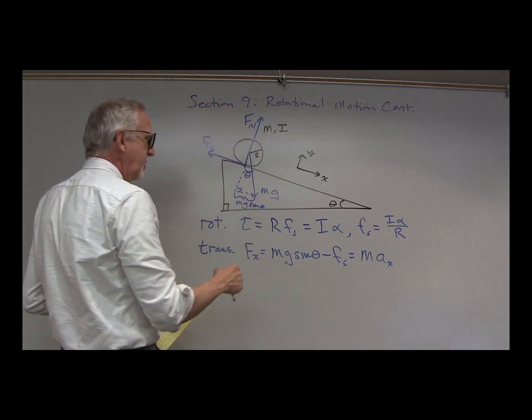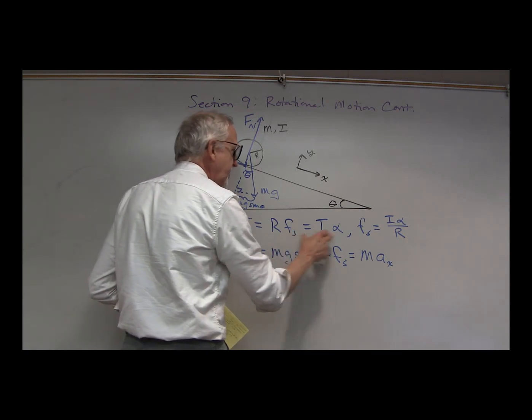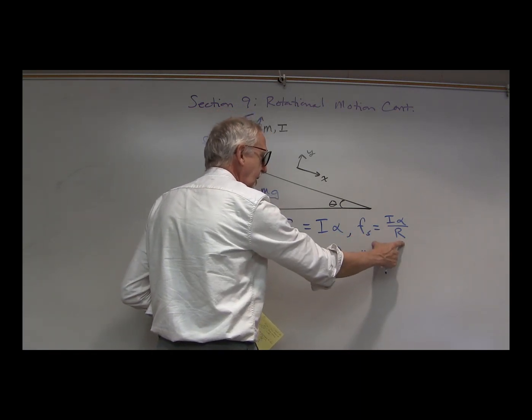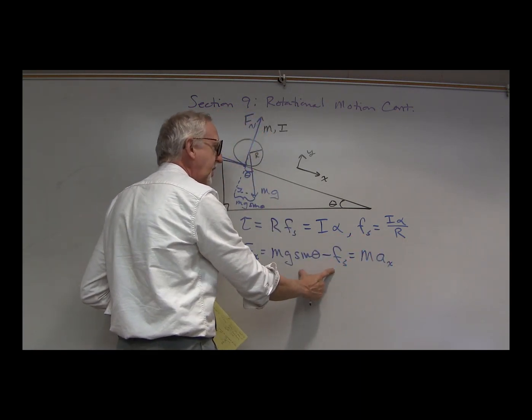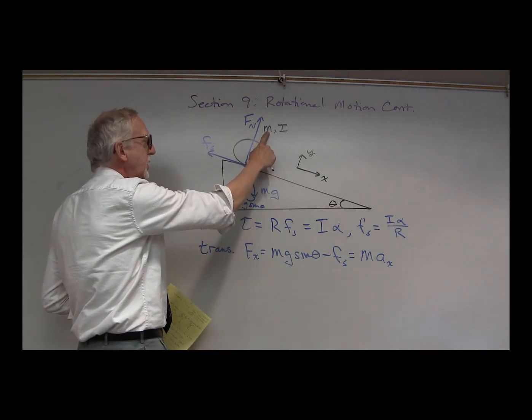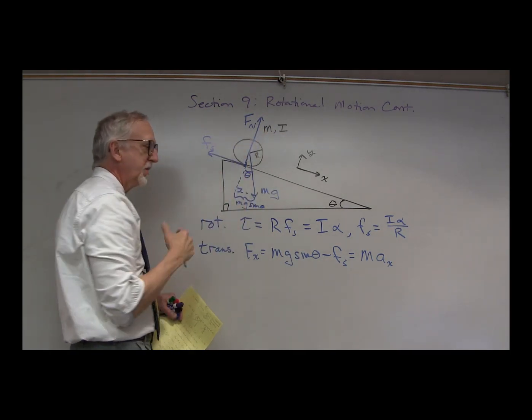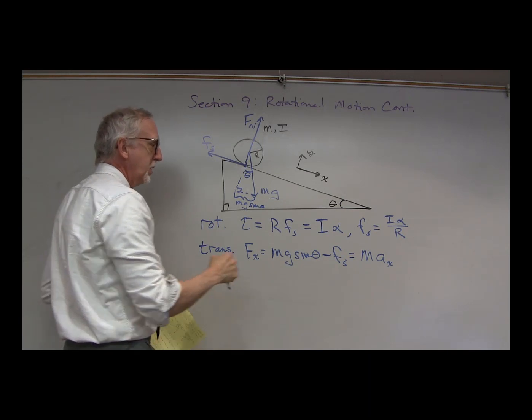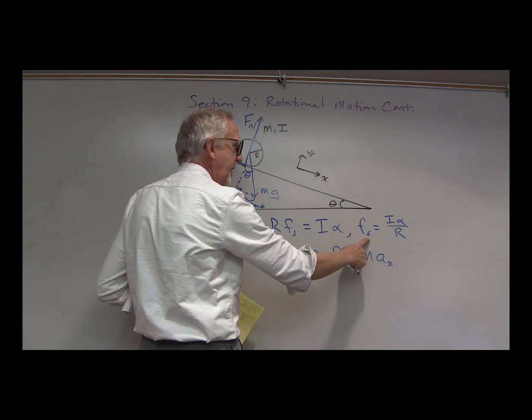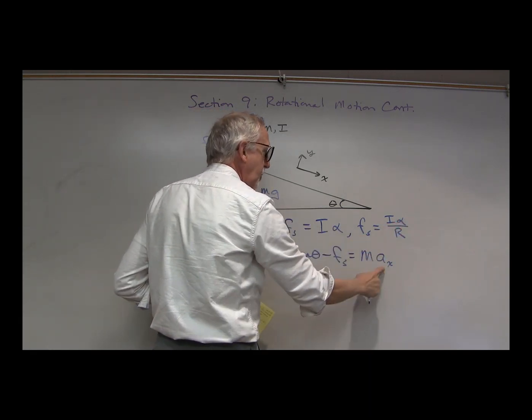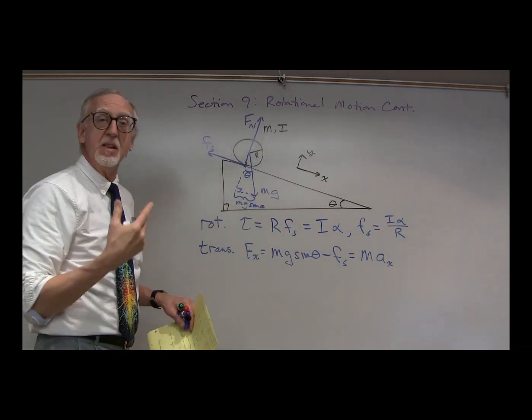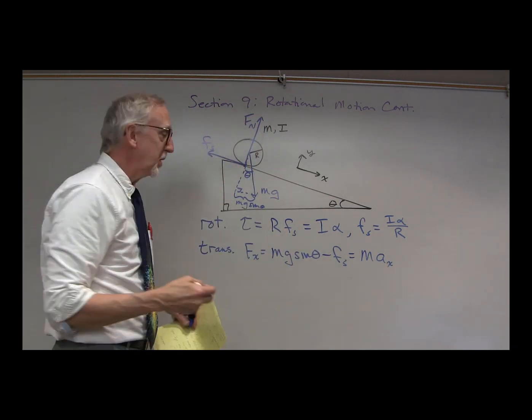Okay, well, what do we have? We've got basically two equations. We've got this equation, we've got this equation, but we've got three unknowns. Let's imagine that we know m and I. What don't we know? Well, we don't know f sub s, we don't know alpha, we don't know a. But let's apply the condition of rolling without slipping.